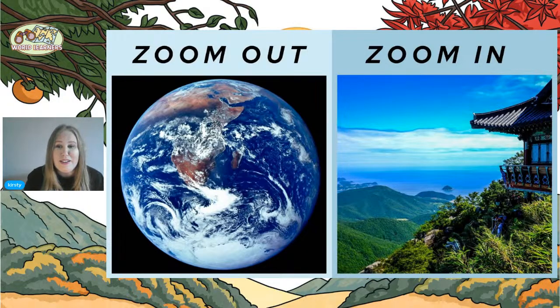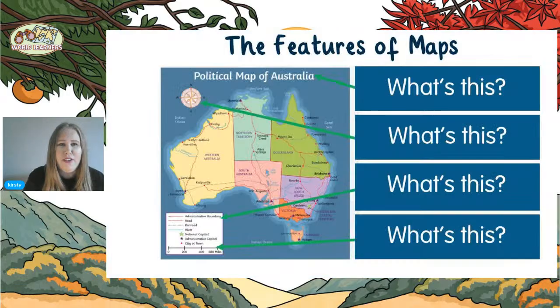Right, let's have a little look then, first of all, at some features of a map. Before we look at different types of map, most maps have these common features. We would expect to see these things on a map, but what are they? Can you see from that diagram there?